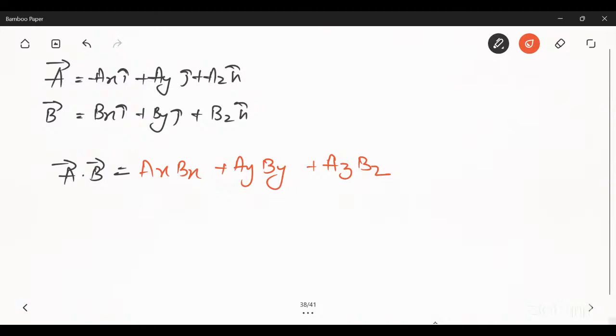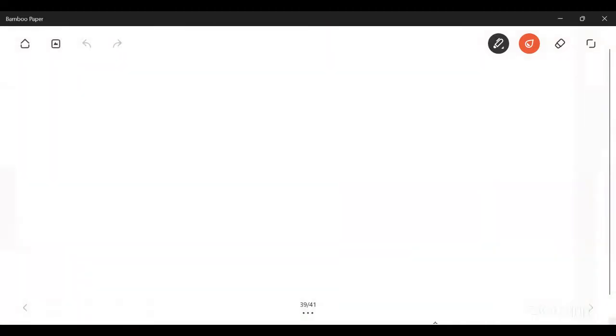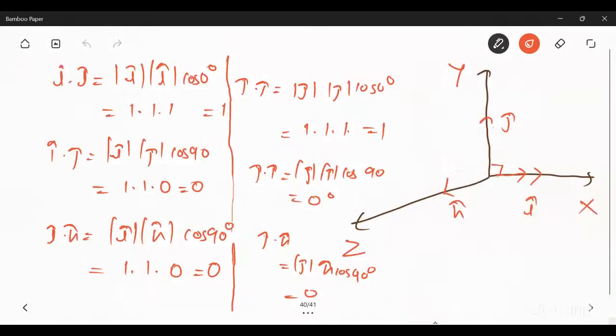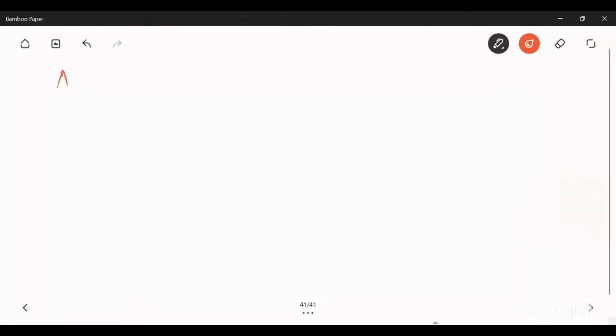Now come to the properties of dot product. Say a vector is 2I minus J plus 3K and b vector is equal to minus I plus 2J minus K. Wait, I'm taking another value: 3I minus 2J plus 5K.